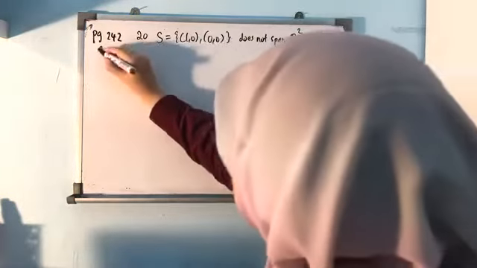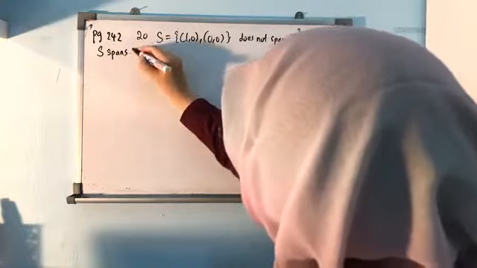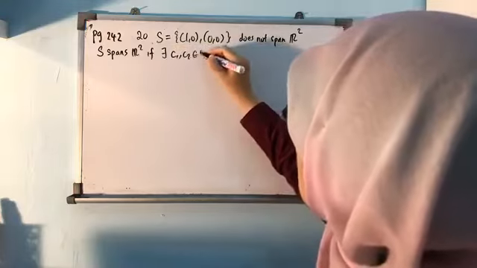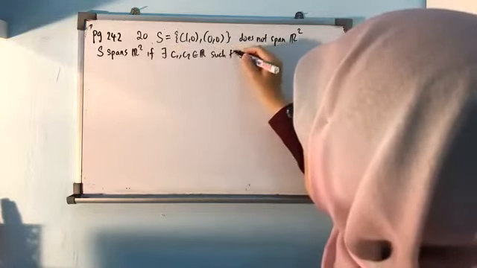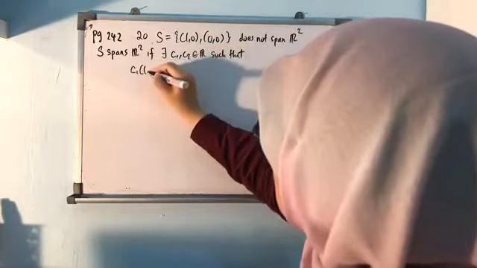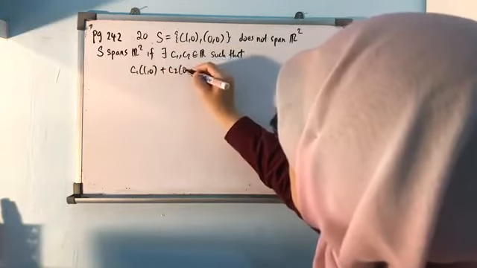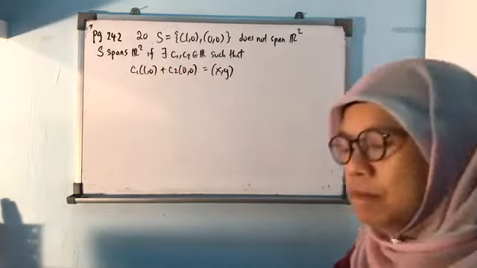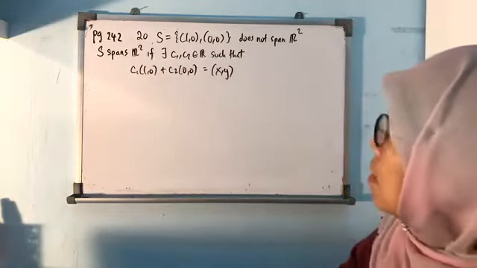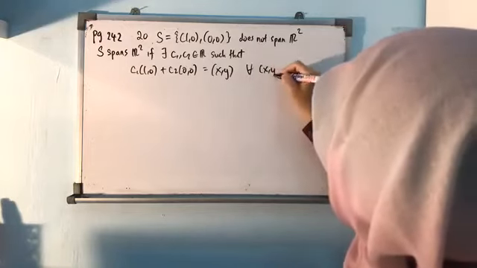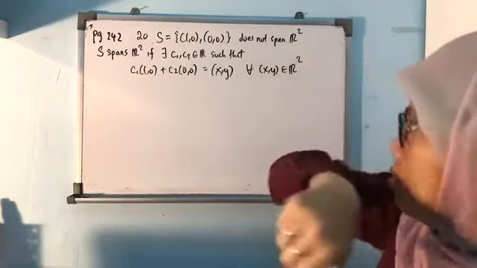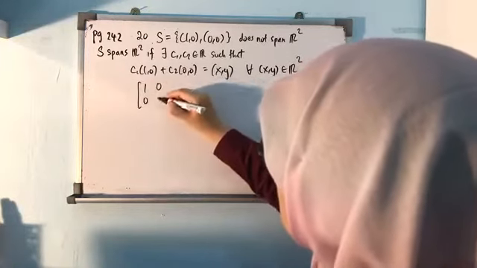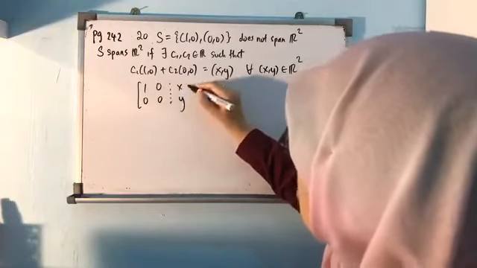So S spans R2 if there exist C1, C2 in R such that C1 (1,0) plus C2 (0,0) equals (x,y), for all (x,y) in R2. So the working is like this.